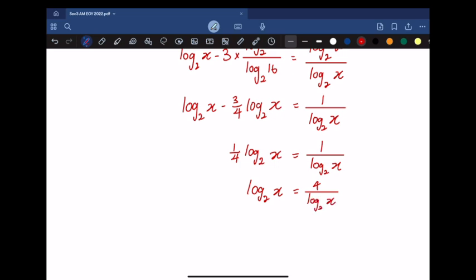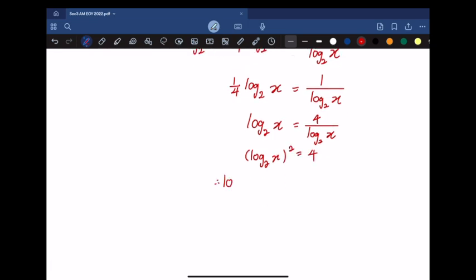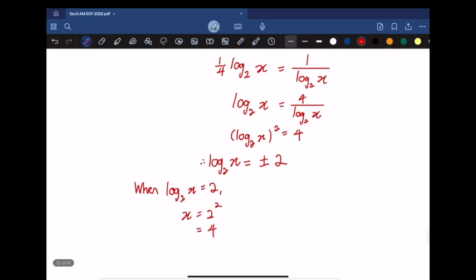I cross multiply to get rid of the fraction. Log base 2 of x, the whole thing squared, is equal to 4, which tells me that log base 2 of x is equal to plus or minus 2. When log base 2 of x is equal to 2, therefore x is equal to 2 squared, which is 4.